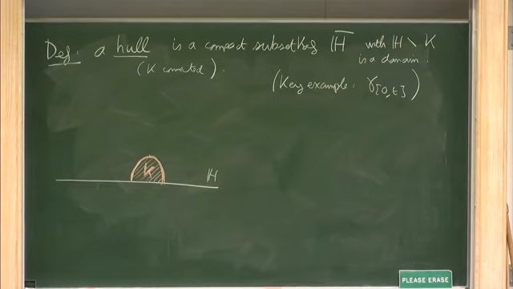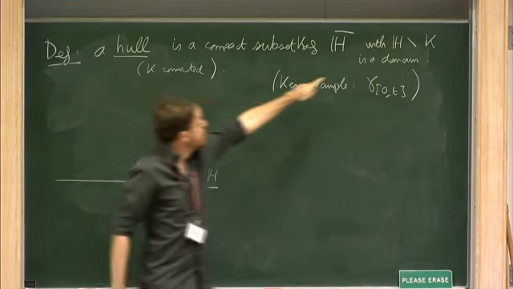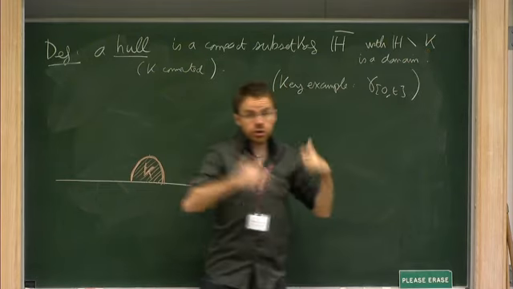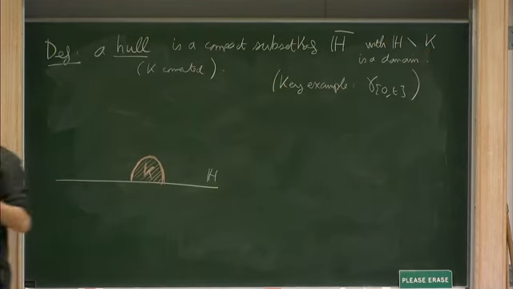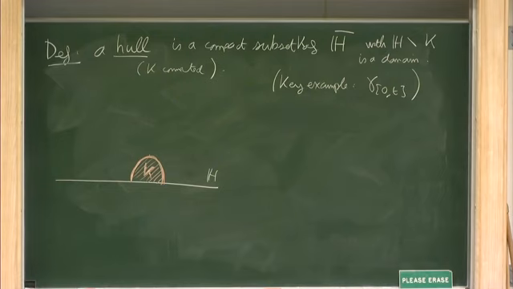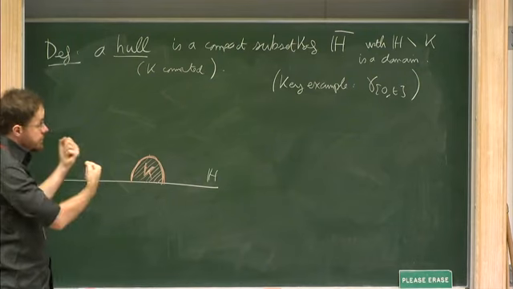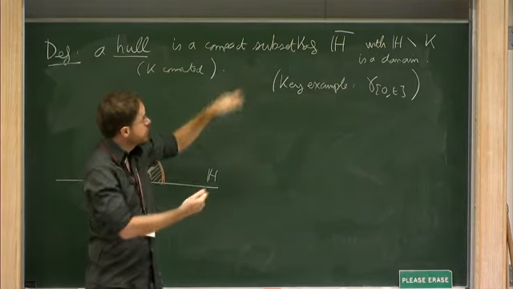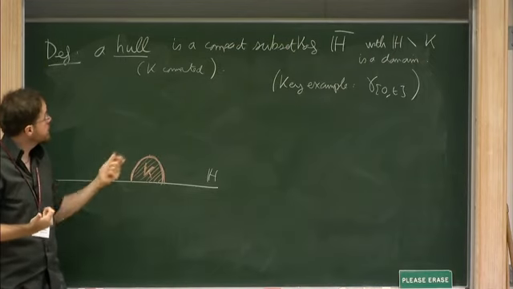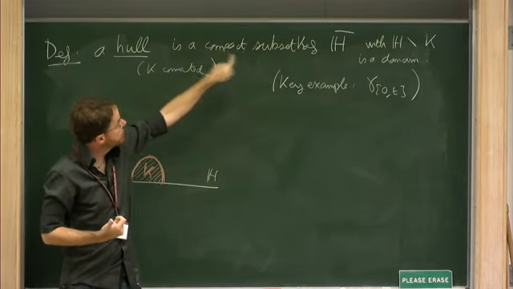You have to make the complement of K in H connected again, so you have to fill all the bubbles that are closed by gamma. And this is what I called the hull of Brownian motion, and we'll come back to that. From any curve, you can construct a hull which is obtained from the curve by making the complement connected.